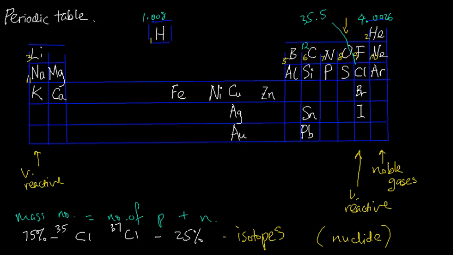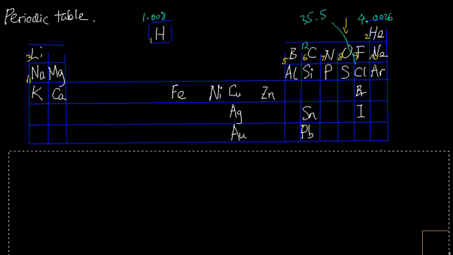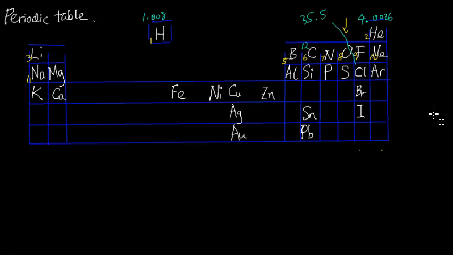So remember how I was talking about the plum pudding model, which was proposed by J.J. Thomson to describe an atom soon after he discovered the electrons.